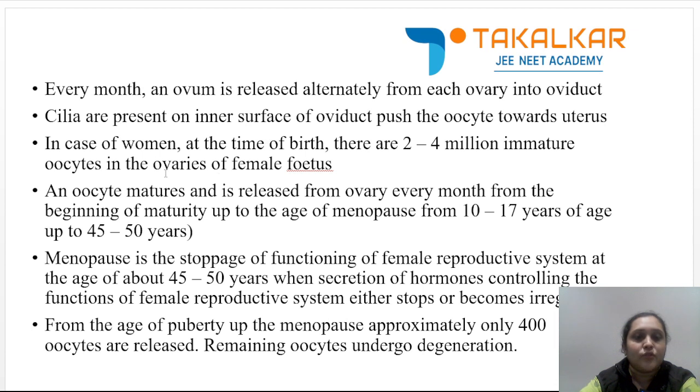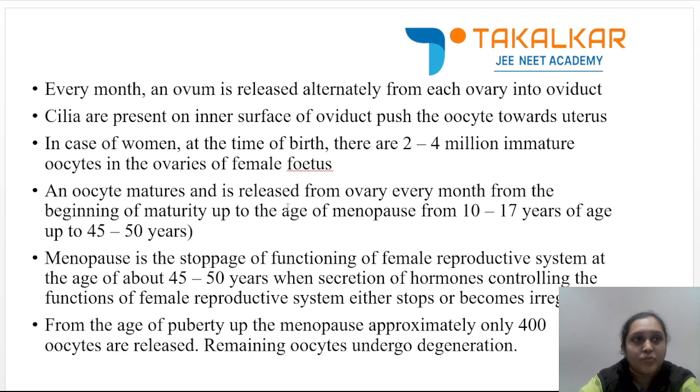So in the case of women, during birth only, once the determination of the fetus is over and it is decided that the fetus is going to be female, 2 to 4 million immature oocytes are produced. They are immature. These will get mature only at the age of puberty.